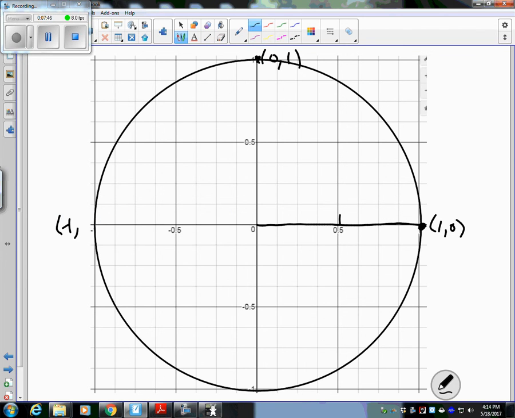And down below here, this is the coordinate 0, negative 1. So those are easy. What happens if you get an angle, say, that goes right through here, and you want to find out that point? It doesn't match up nice and neat with x's and y's. So we've got to figure out this coordinate.